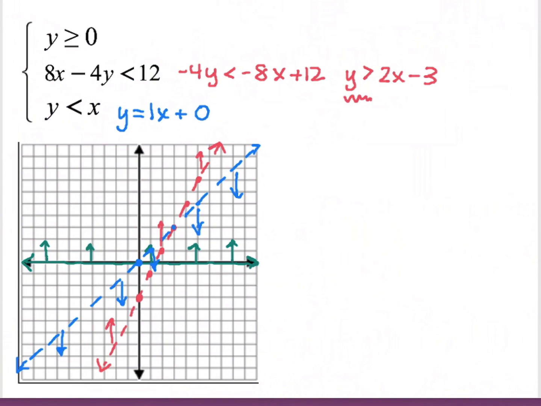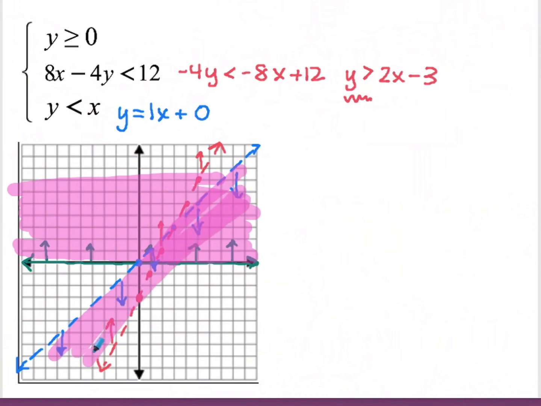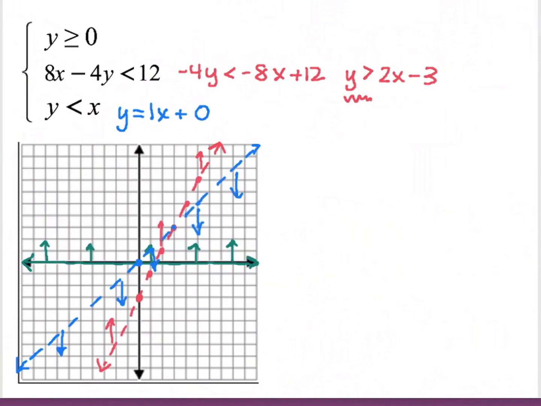If you ever do have a hard time being able to tell, feel free to lightly shade for each line. So here's for the green line, here's for the blue line, and here's for the reddish line. If that helps you, that would be fine, as long as you really use a dark color to show where your actual feasible region is at the end.